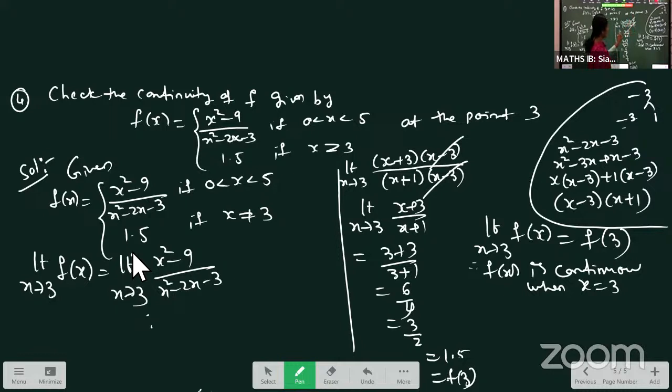Substitute wherever x is there 3. So 3 plus 3 by 3 plus 1. It is 6 by 4, which is nothing but 1.5. This 1.5 value is given in the question as f of 3. Therefore, limit x tends to 3, f of x is equal to f of 3. So we can say the conclusion, f of x is continuous when x is equal to 3. So like how you have to go about this. If you have any doubts or any questions, you can drop your message.